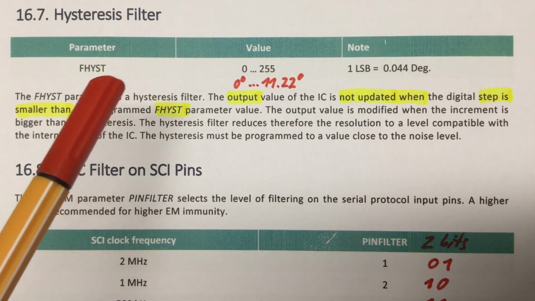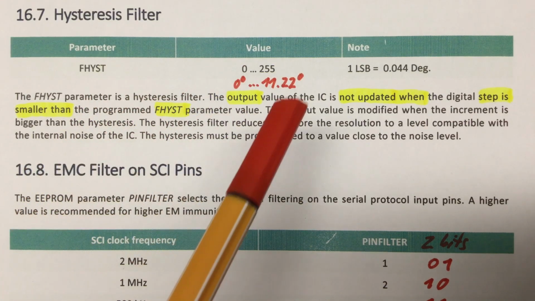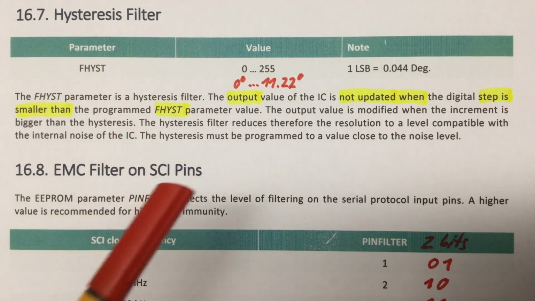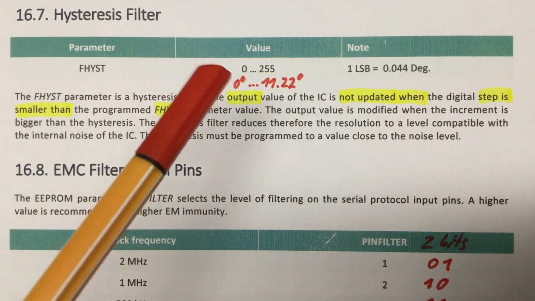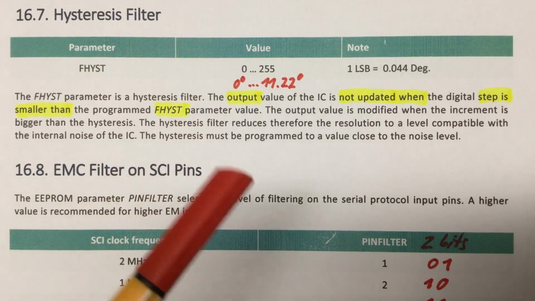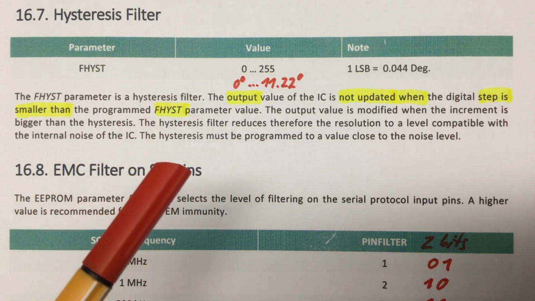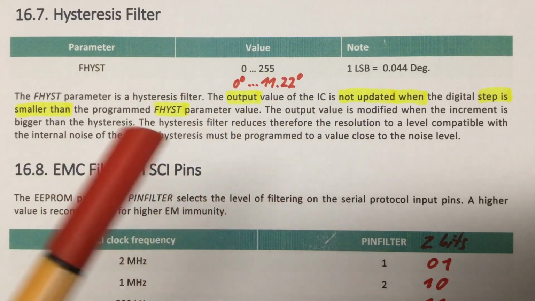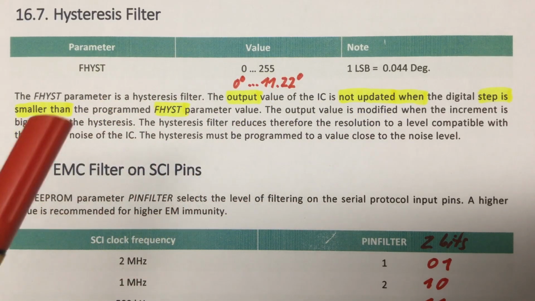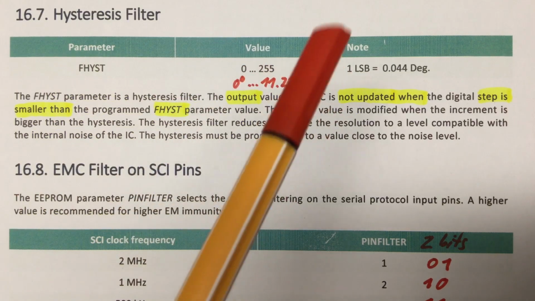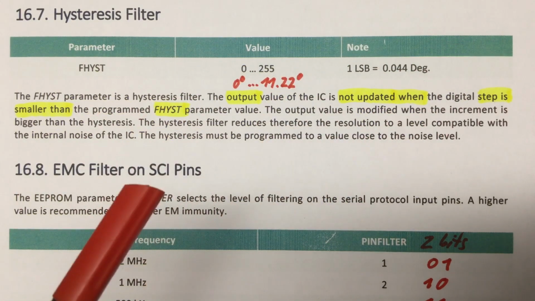So we are expecting a stepped output somehow if we set F hysteresis to a value not equal to 0. And as mentioned before, in 2D mode in video 12, that didn't work so well. We just got a delayed output signal, but not a hysteresis stepped output signal.